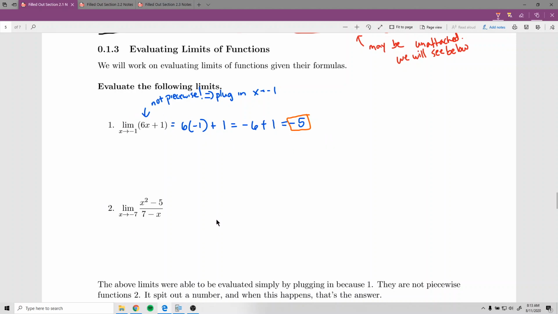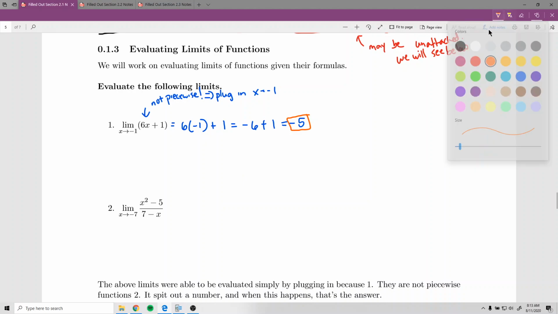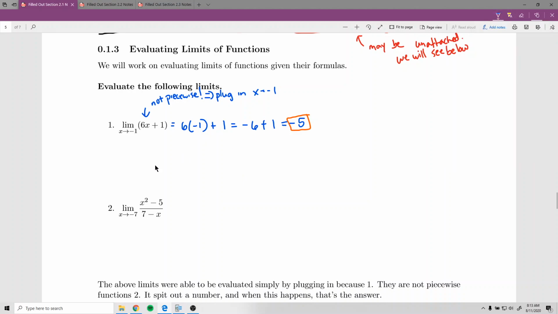All right, but the next one, the first one is a line, we could have graphed it ourselves. This next one isn't something you would want to try to graph and figure out the y value from. You just want to notice that it's not piecewise. So go ahead and just plug it in. And this time we're asked to plug in x equals -7.